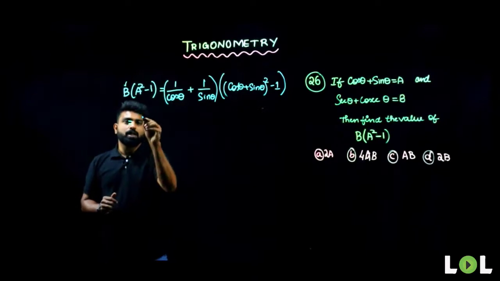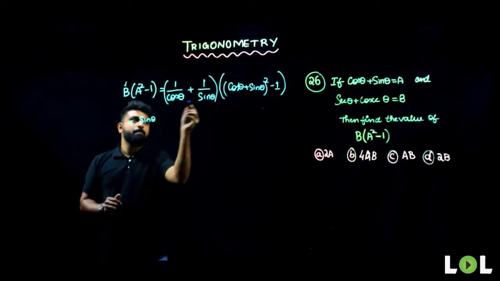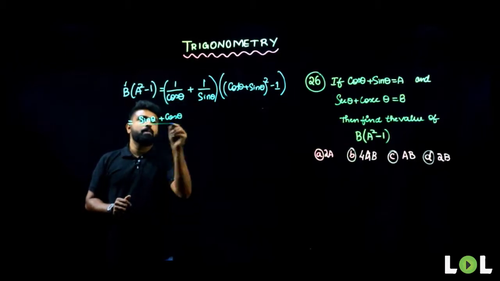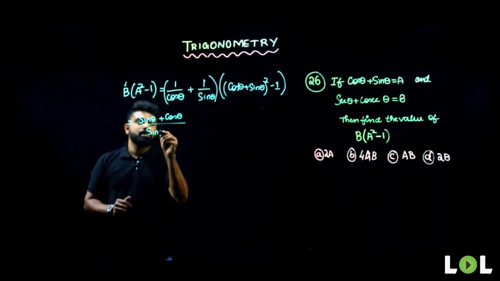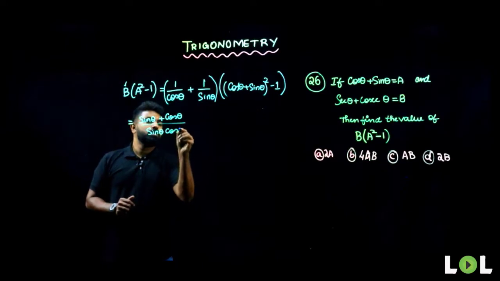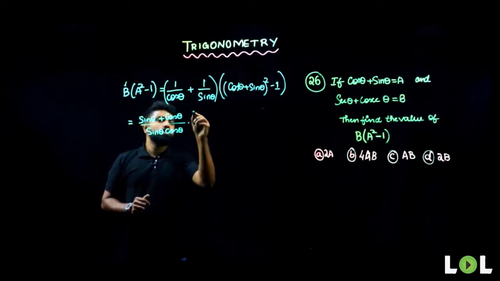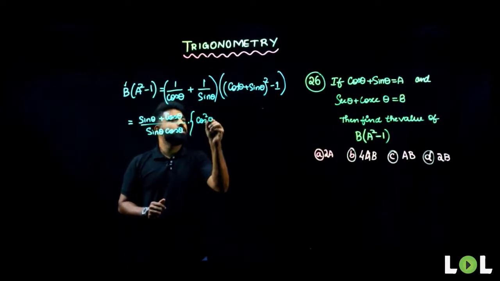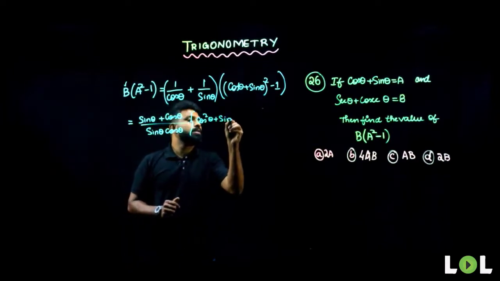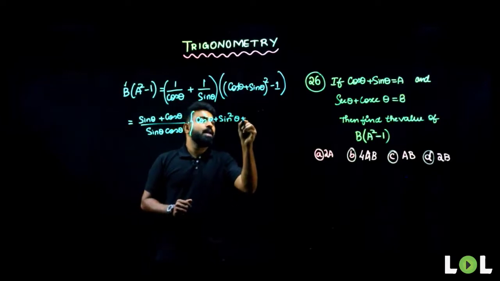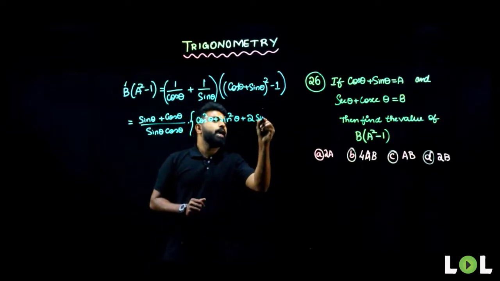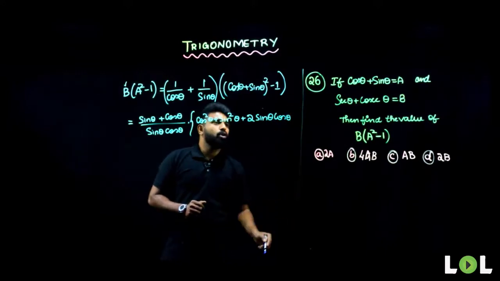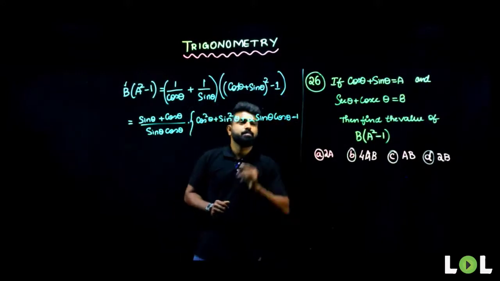I will be left out with sin theta plus cos theta divided by sin theta cos theta, into the expansion of the whole square, cos square theta plus sin square theta plus 2 sin theta cos theta, and we also have minus 1 here.